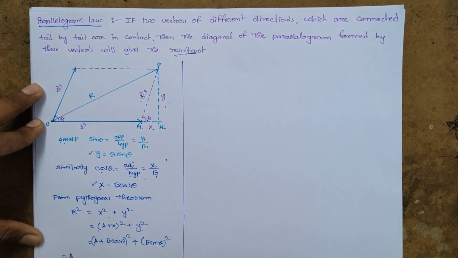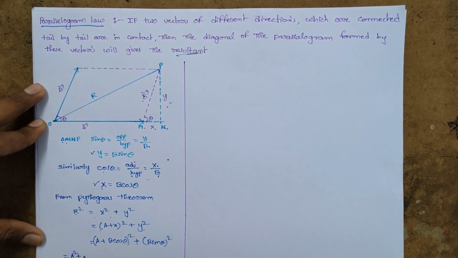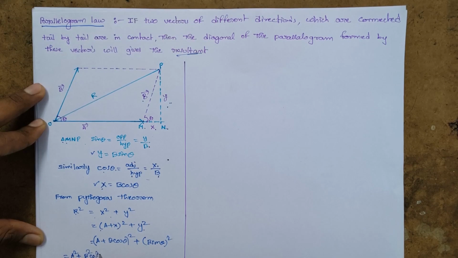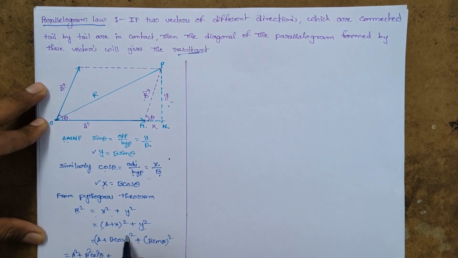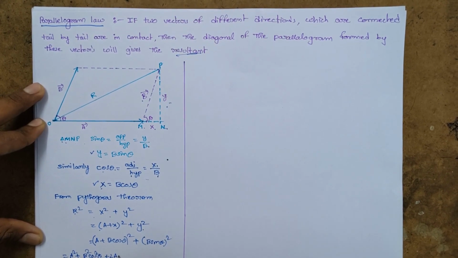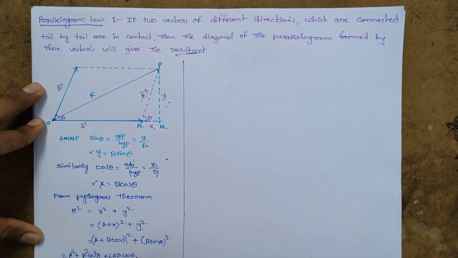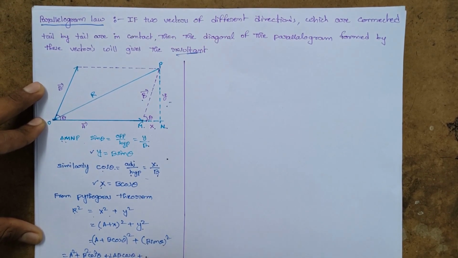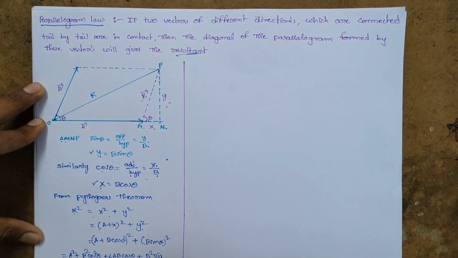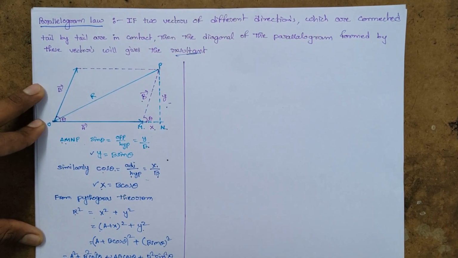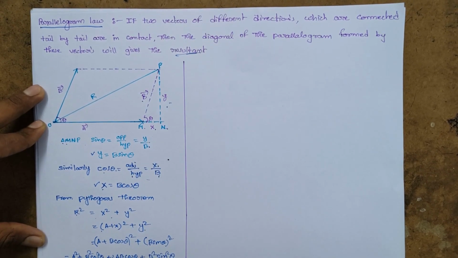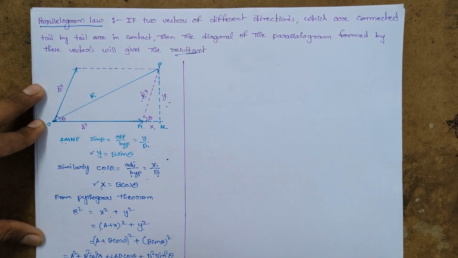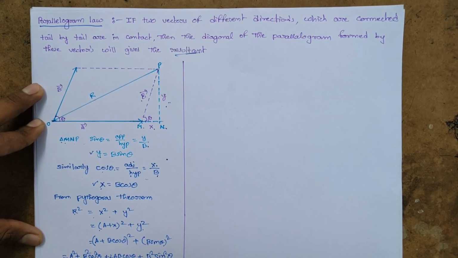So a square plus b square cos square theta plus 2ab cos theta plus b square sin square theta. Okay. Now look at this equation. We have b square cos square theta and b square sin square theta. So b square is a common term, right?